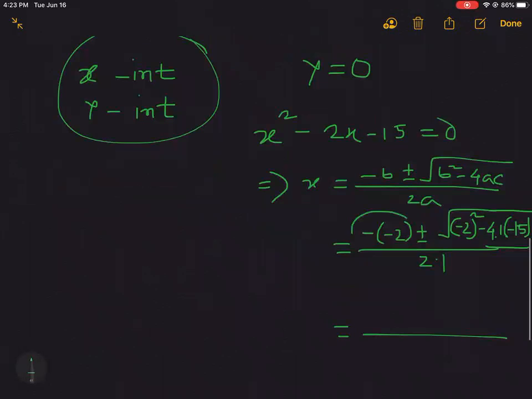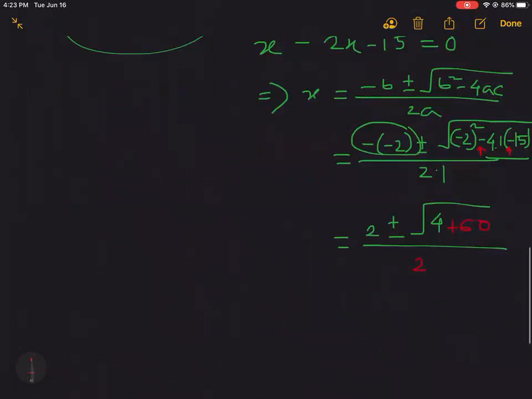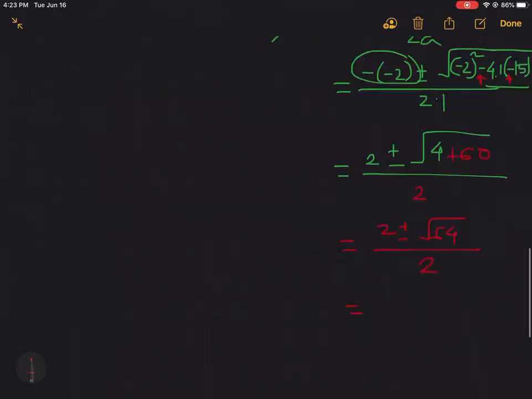So this will be a positive 2 plus minus the square root of 2 squared, which is 4. This negative and this negative will become positive, so 4 times 15 is 60, over 2. So 2 plus minus the square root of 60 plus 4, which is 64, over 2. The square root of 64 is 8.